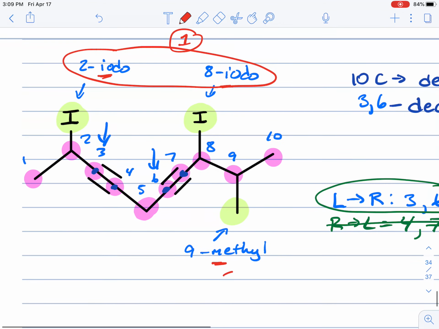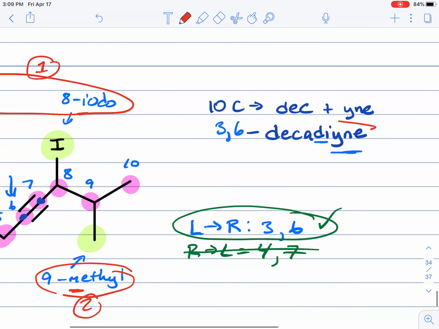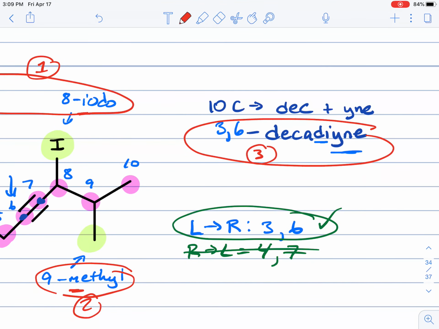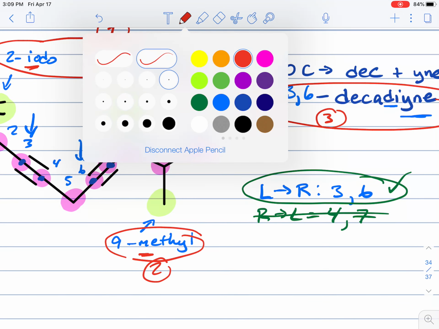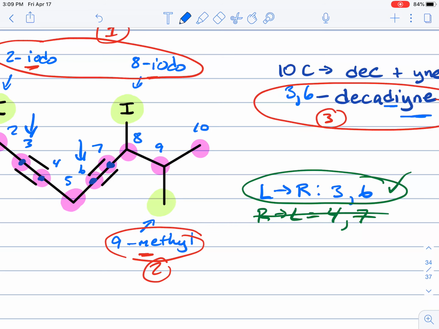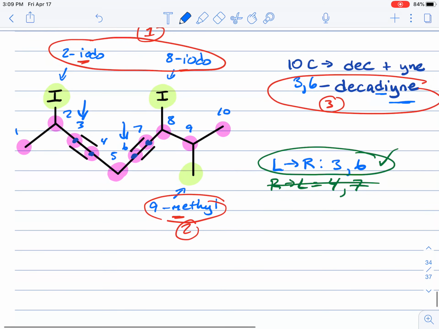The second item I'm going to describe is the methyl, and the third item is my parent chain. So let's put this in alphabetical order and come up with my final answer.